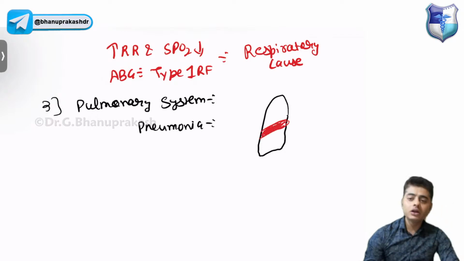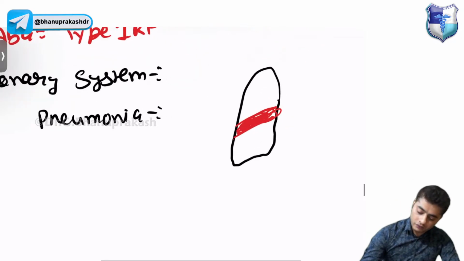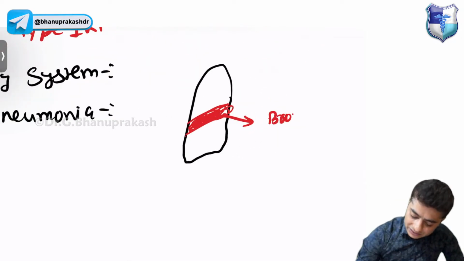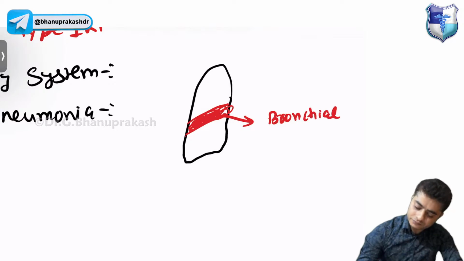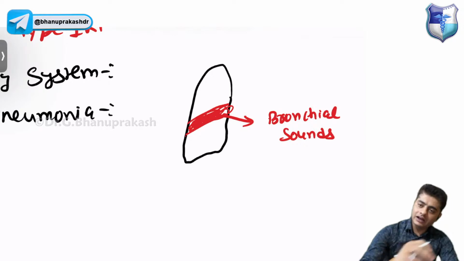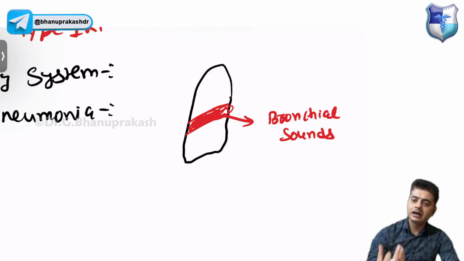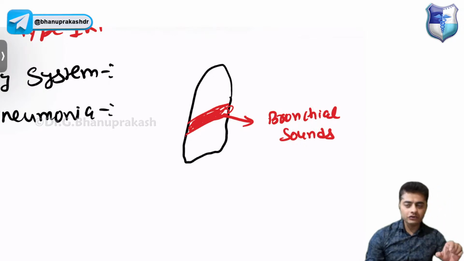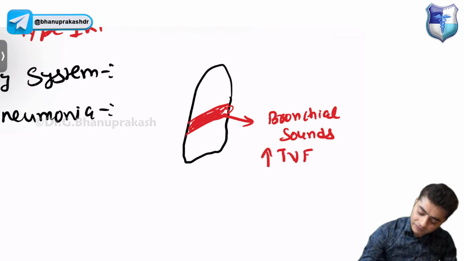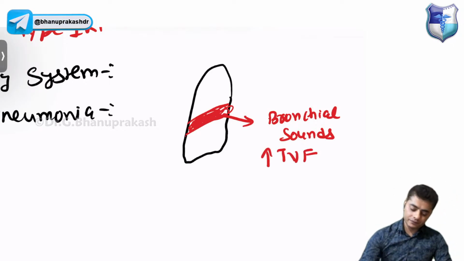So when you auscultate on this area, what will you get? You will get bronchial sounds. And this area behaves like a solid organ, because lung is gaseous, but now this consolidation part behaves like a solid organ. So you will get an increase in TVF, that is your tactile vocal fremitus.